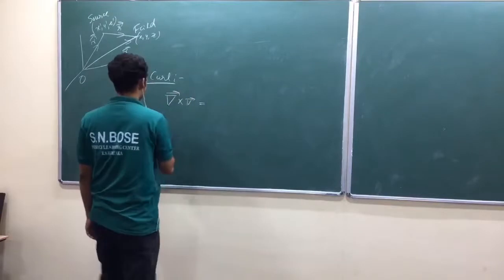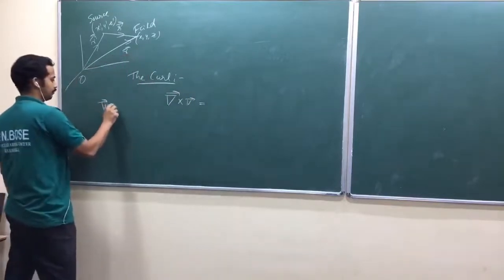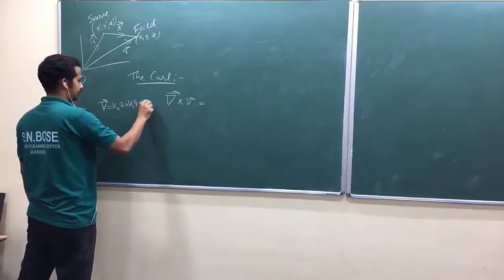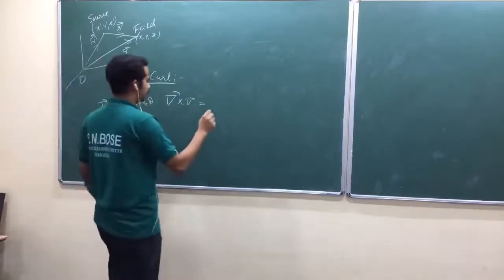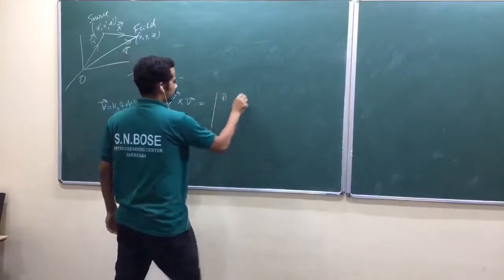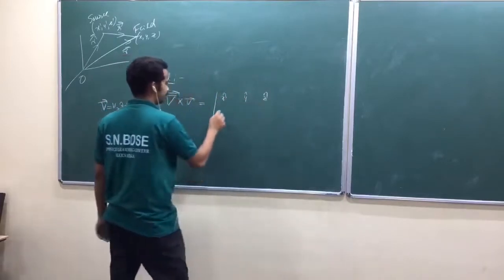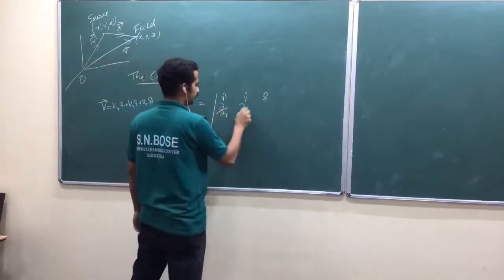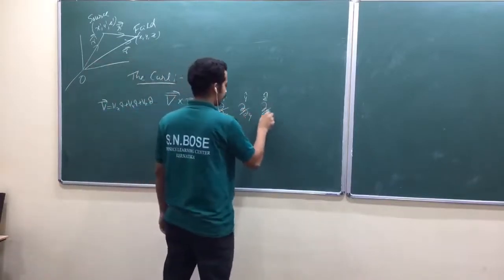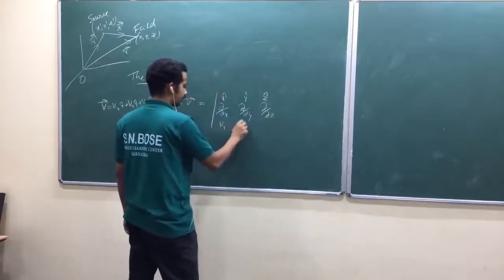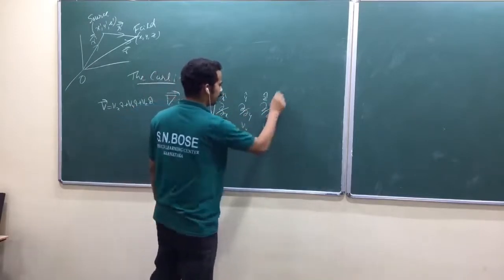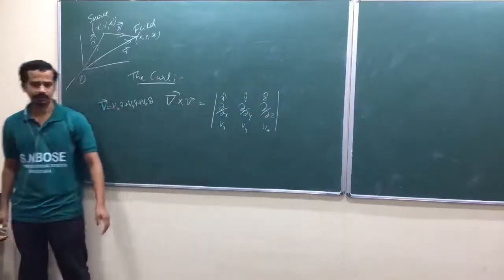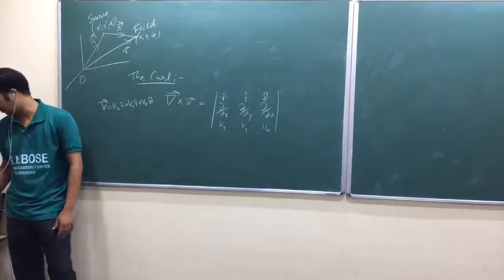Obviously in Cartesian coordinates, any vector field we write as vx into x cap plus vy into y cap plus vz into z cap. Am I right? Del cross v is equal to, how do you write? x cap, y cap, z cap; dou by dou x, dou by dou y, dou by dou z; vx, vy, vz. I don't have to expand it. Whenever we need, we can expand it, because this is the best way to remember, isn't it?